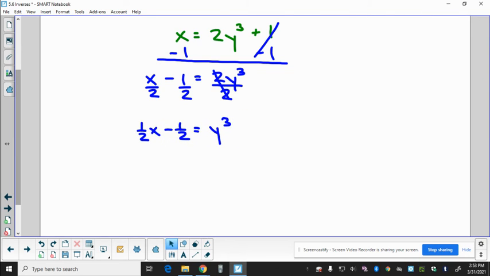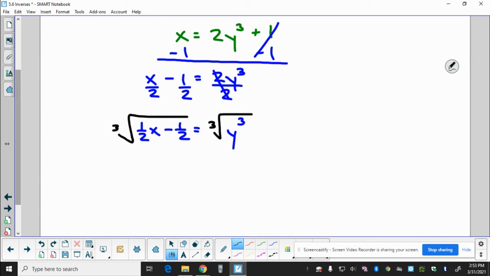Let's see if I can move this over just a little bit. Okay, so the last thing I'm going to do is take a cubed root. So I'm going to go ahead and write this final answer.